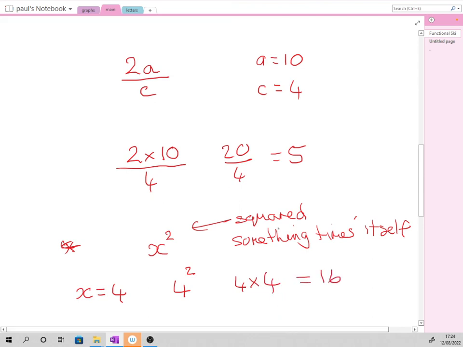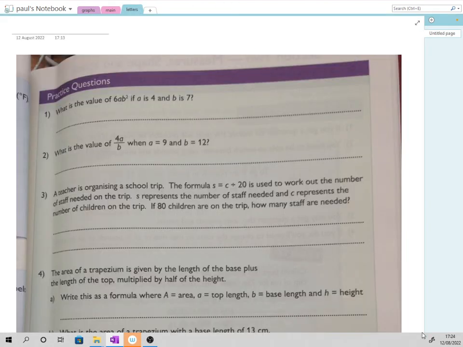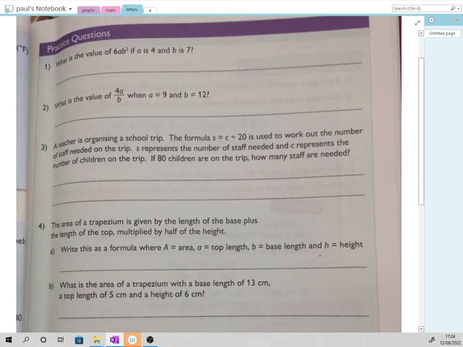How's about that? Let's have a look for some examples, see how complicated they get. Don't forget, as always, pause, have a go, see if you get the answer to these. Now, oh look, we've got a squared straight away there. So this is going to be 6 times a times b squared, so it's 6 times 4 times b squared, which is 7 squared.